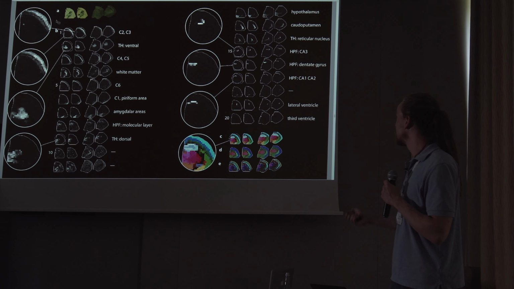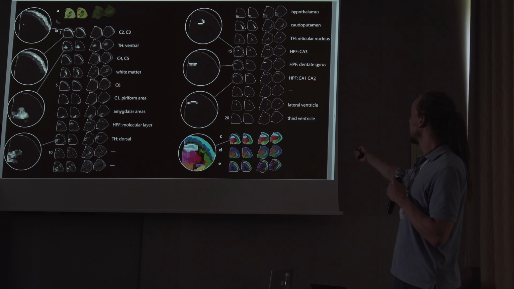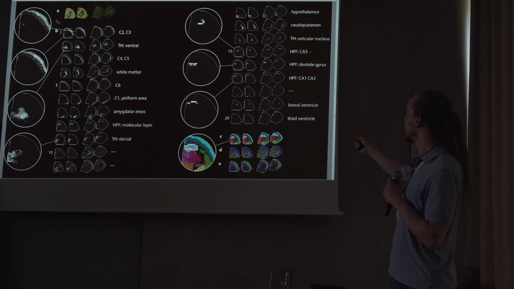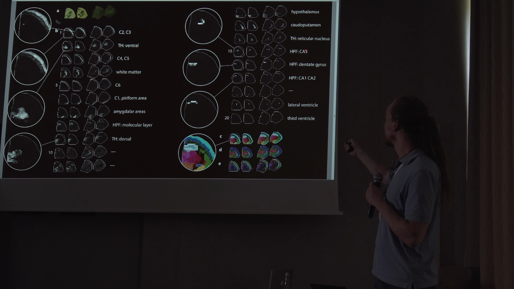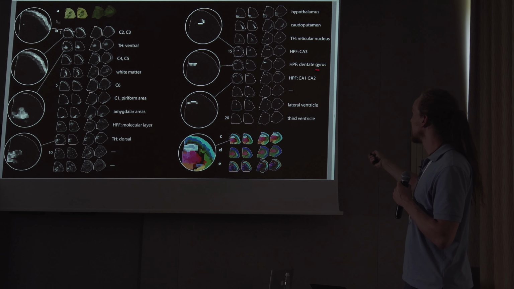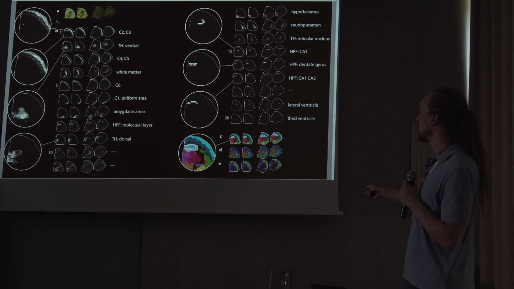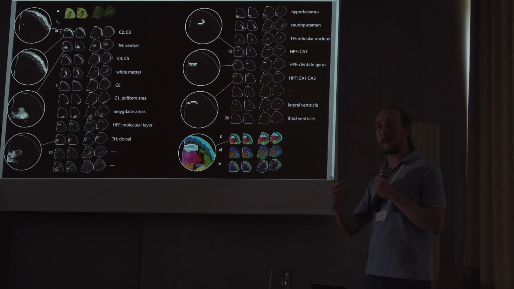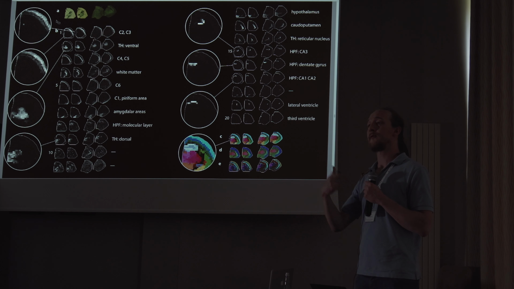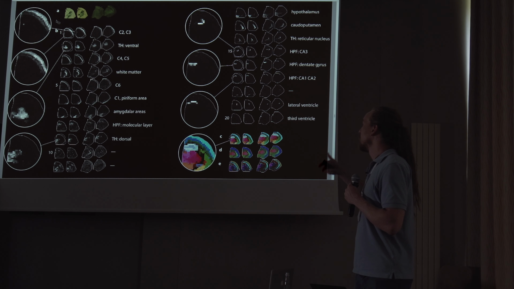There is, for example, 2 that identify Ammon's horn, region 1 and 2, and the second Ammon's horn, region 3. And there is another one also within the hippocampus that is identifying the dentate gyrus. And we will be looking at the spots that correspond to these regions that we thus defined in a multi-sample analysis for differential gene expression analysis on the next slide.